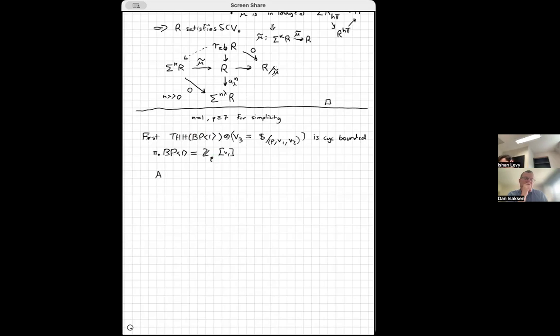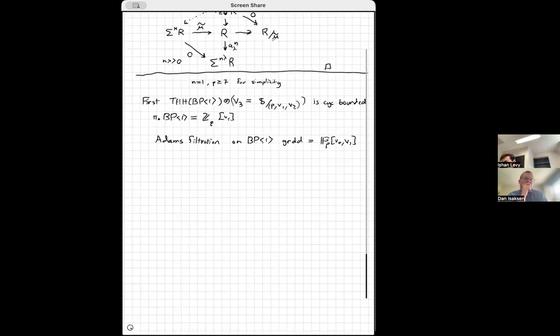Okay, so there's an Adams filtration, which gives you a filtration on BP1, and the associated graded is just a polynomial ring over F_p. So there's a filtration on BP1 that at the level of homotopy groups is just filtering by the (p, v1)-adic filtration. And I'm going to refer to this filtration as BP1 fill. Okay.